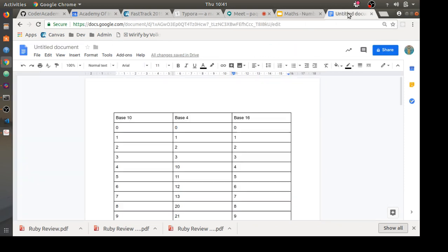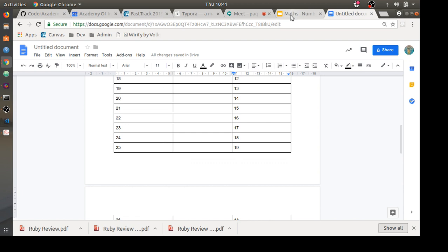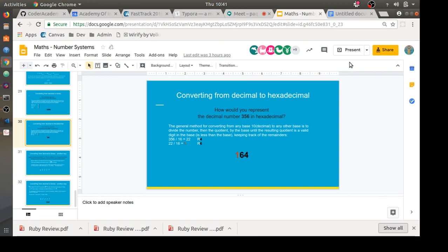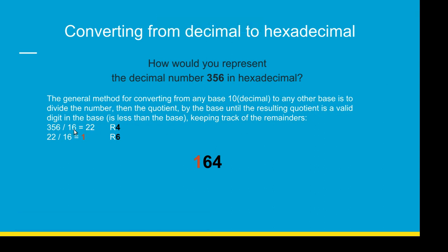So let's try, I think I have a base 16 example in here. Let's look at this one, but this one doesn't have a letter in it. If we had the number 356, we'd start from 356 and divide by 16, which I would do on a calculator because I'm not good at that kind of mental math.